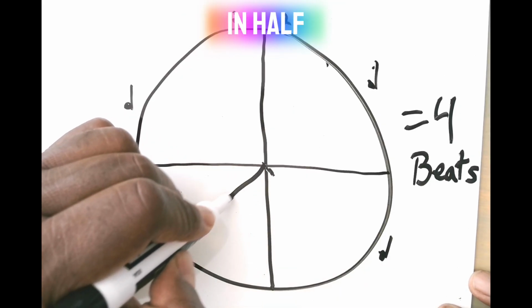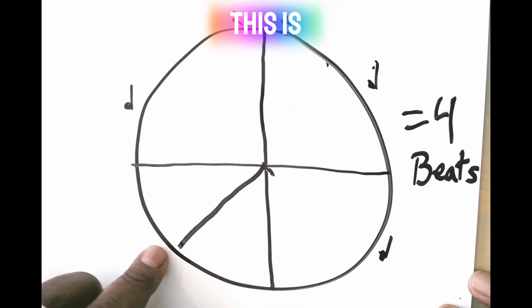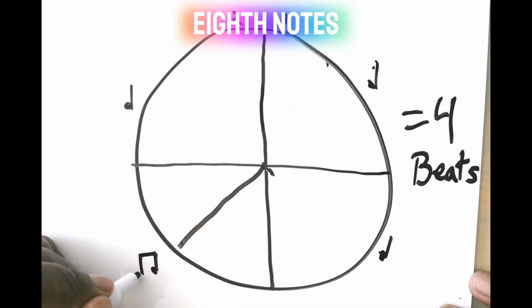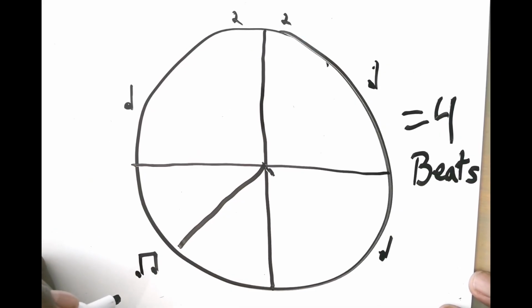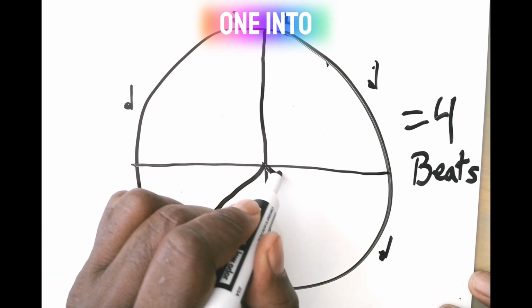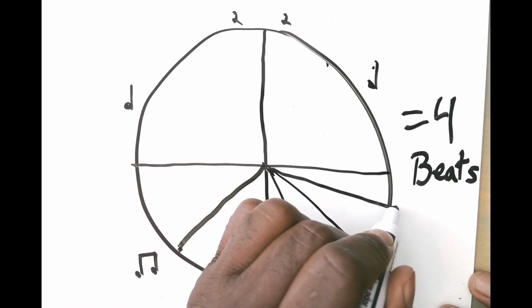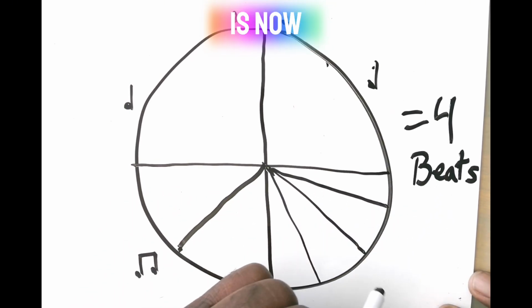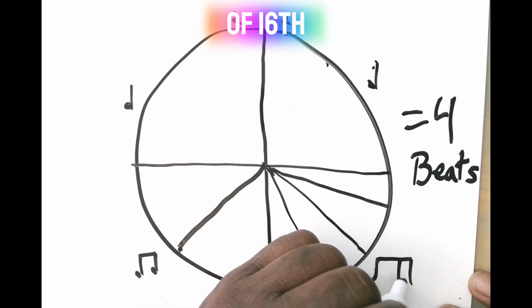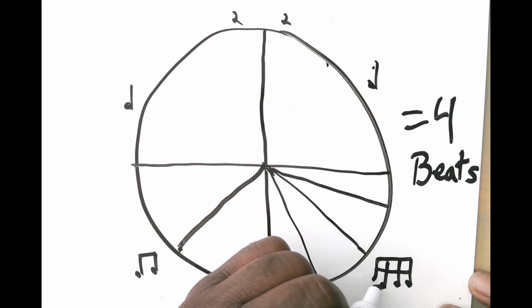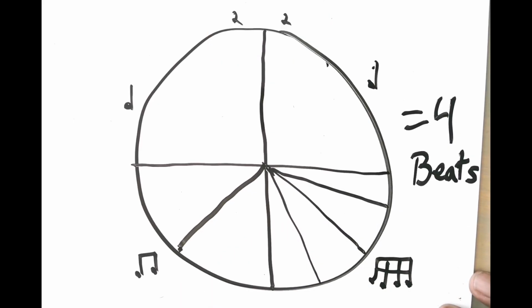If I divide this in half like this, this is now a set of eighth notes. If I divide this one into half and then into half again, this one is now a set of 16th notes.